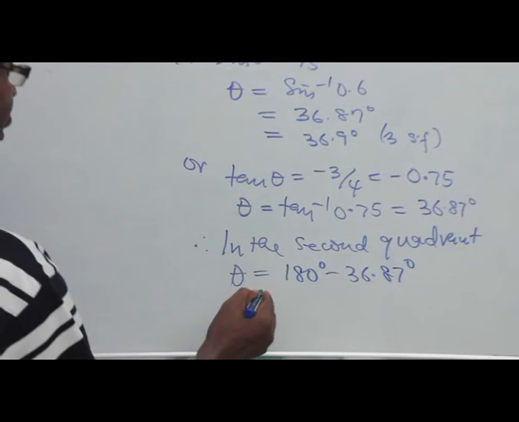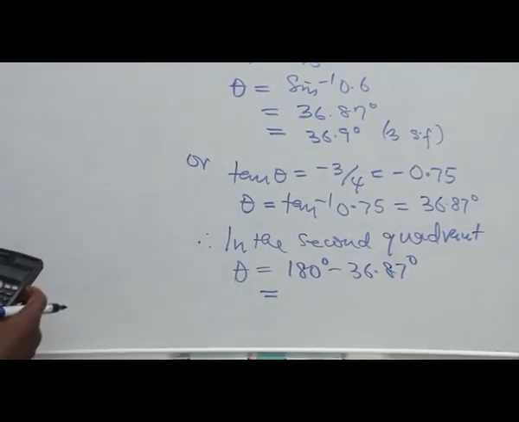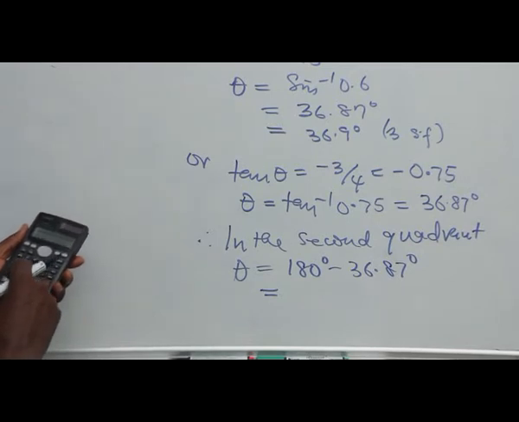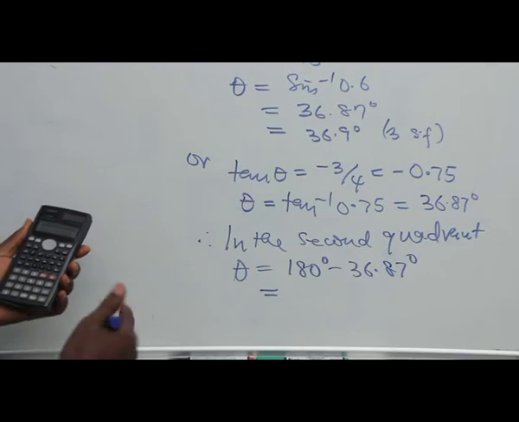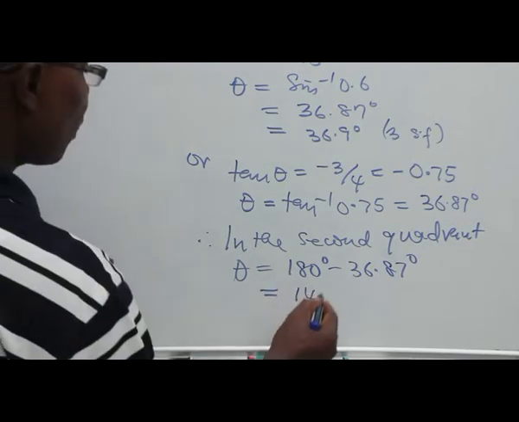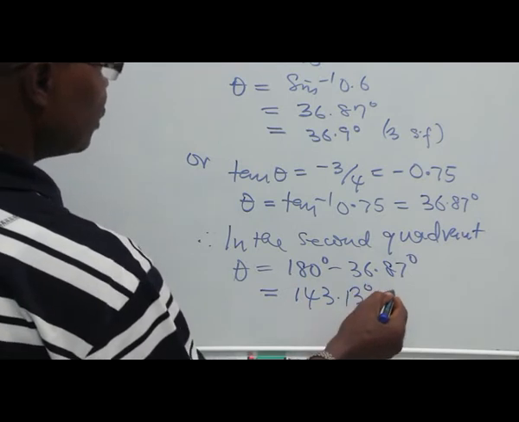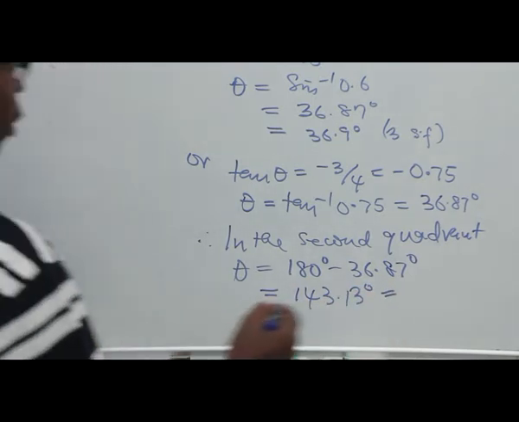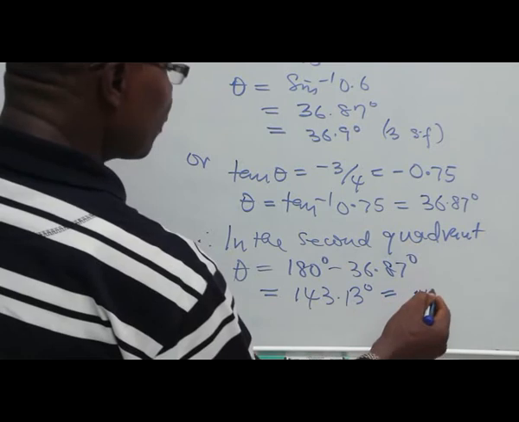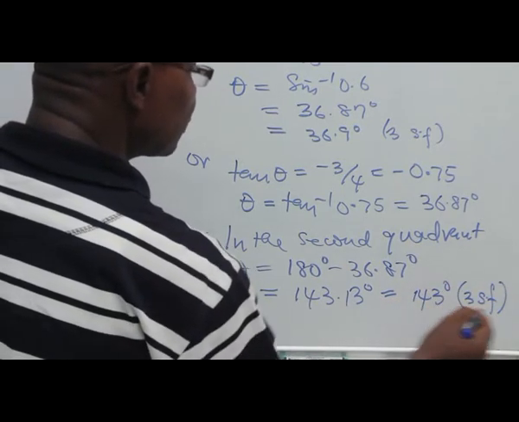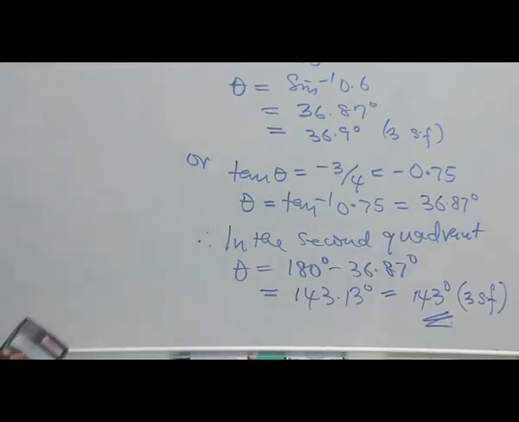Let us subtract that. So we have 180 minus 36.87 degrees, and that will give you 143.13 degrees. Of course, you can correct this to 3 significant figures, and that will give you 143 degrees to 3 significant figures. And this gives you the solution to the problem.